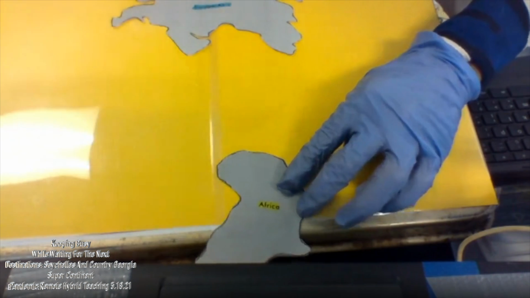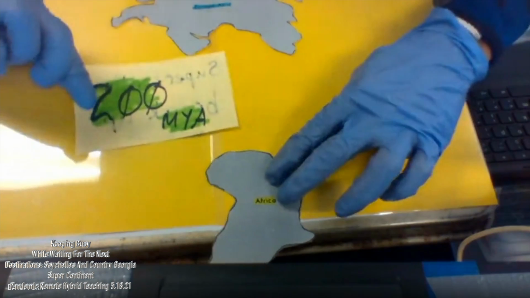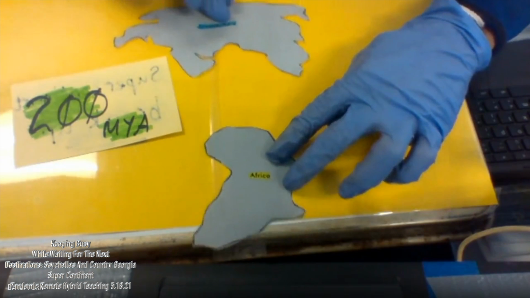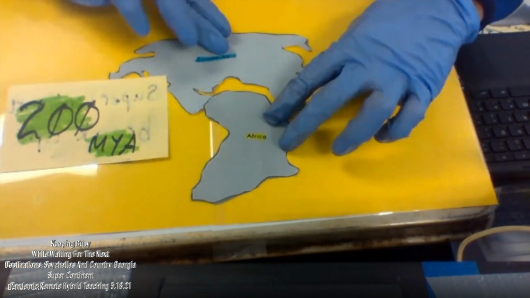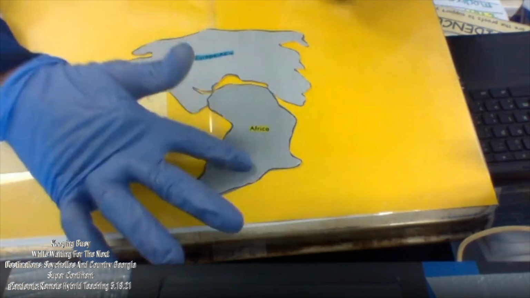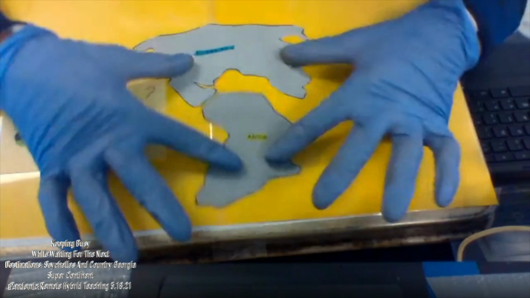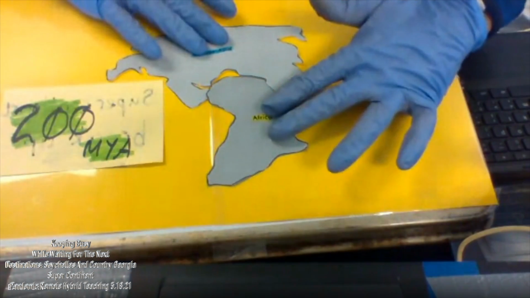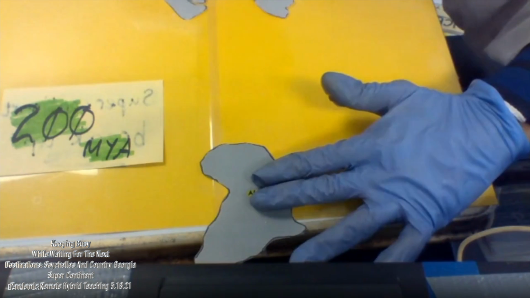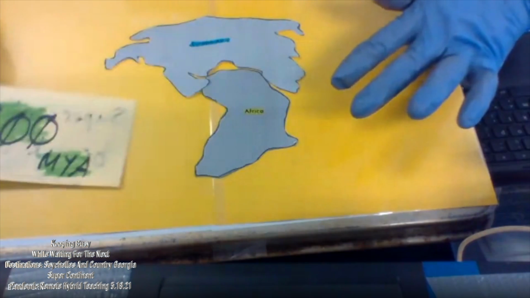But in the past, about 200 million years ago, these two continents were very close. There you go. You will see that the top part of Africa and the bottom part of this continent fit like a puzzle. This is today, and this is about 200 million years ago.